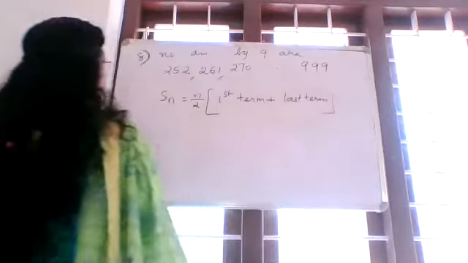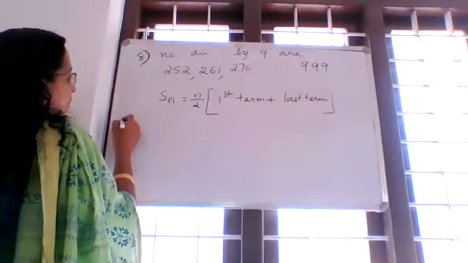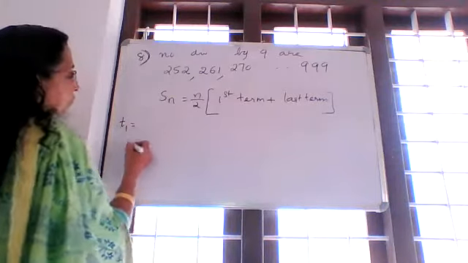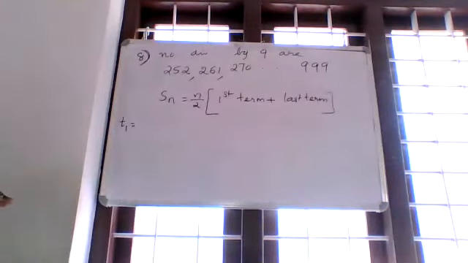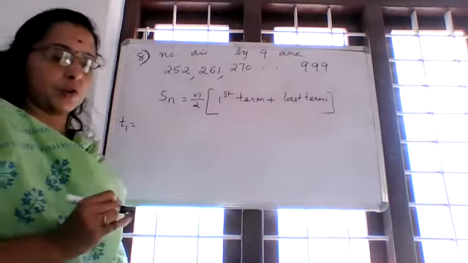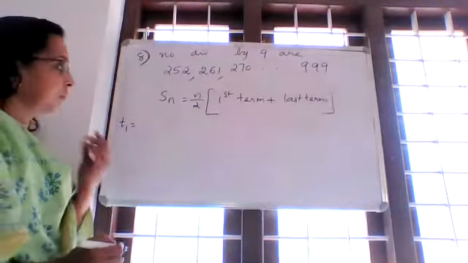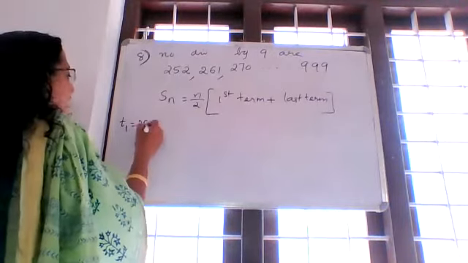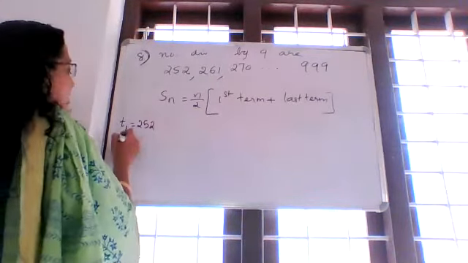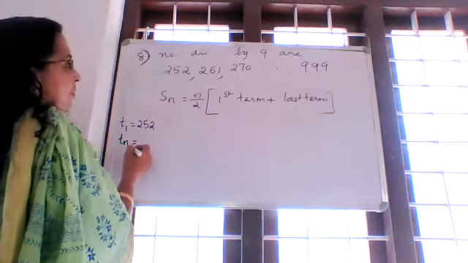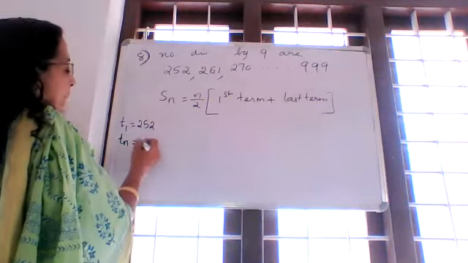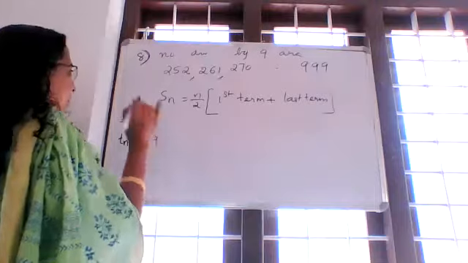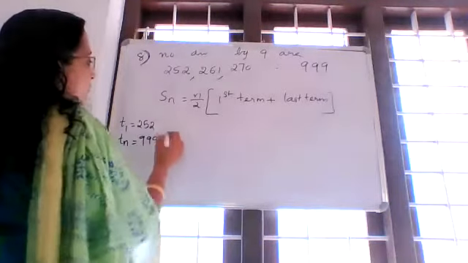So here the first term T1 is 252. Then the last term Tn is 999. So Sn we want to find out.